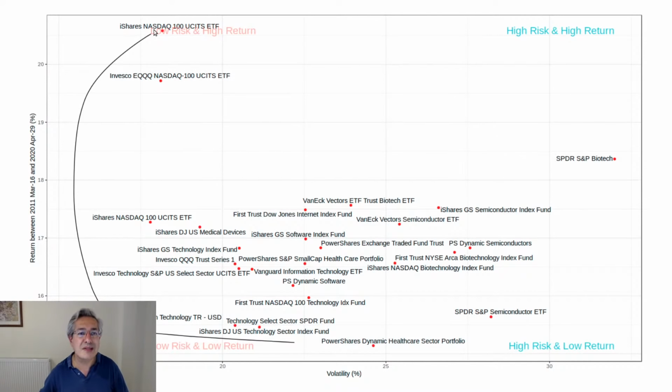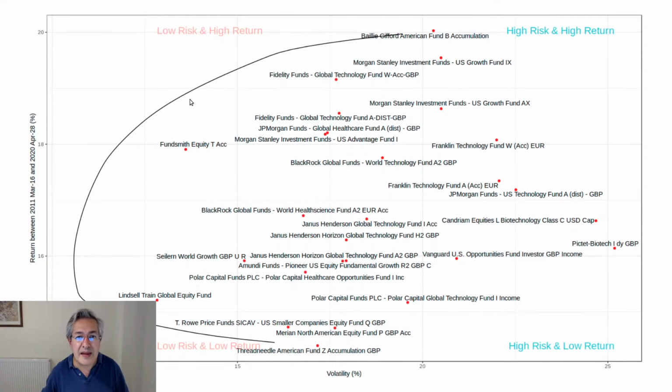Just simple NASDAQ trackers, which cost you very little, like 0.3% in management fee. Now you compare that with the active outperformers and things like Fundsmith Equity. Obviously it's done well. That's partly because it was in foreign currency, so it benefited from the currency, just like those NASDAQ trackers.